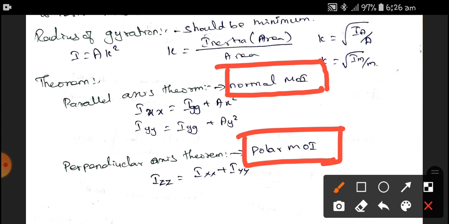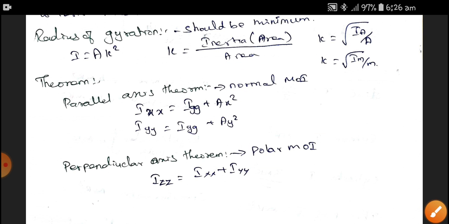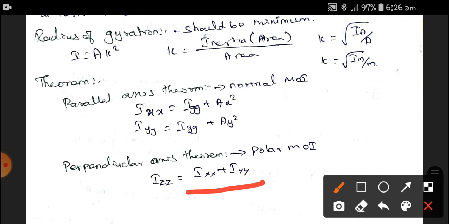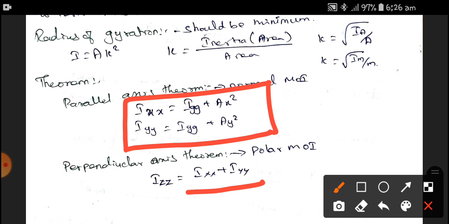So here, the perpendicular axis theorem, Izz is equal to Ixx plus Iyy, where Ixx and Iyy are found out using the parallel axis theorem. Therefore, Ixx is equal to Igg plus Ax square and Iyy is equal to Igg plus Ay square.